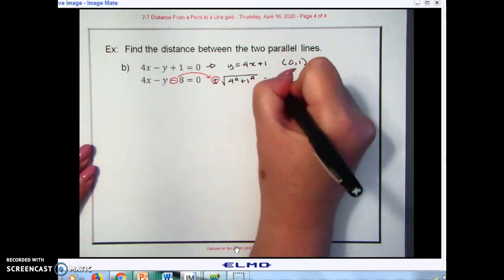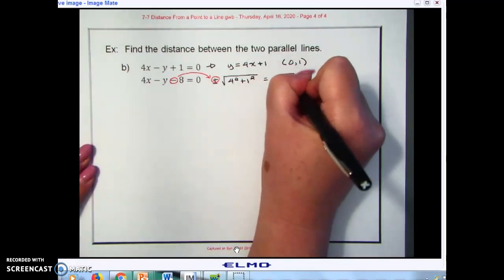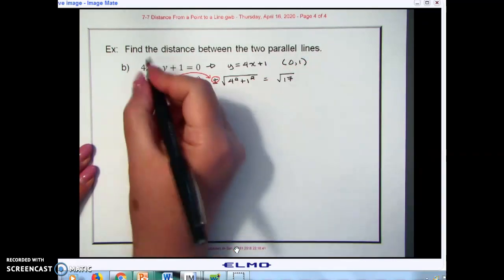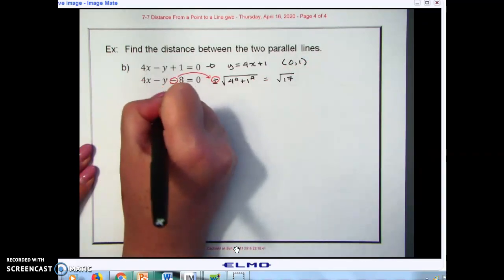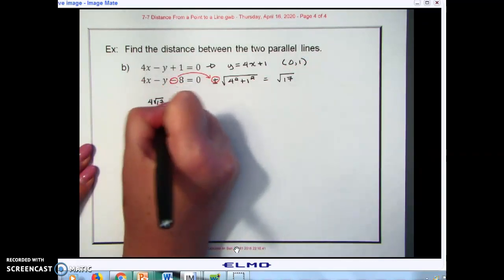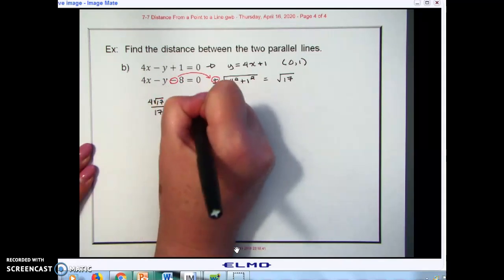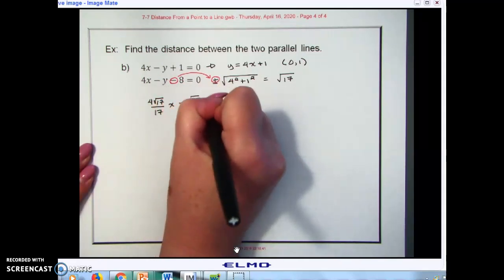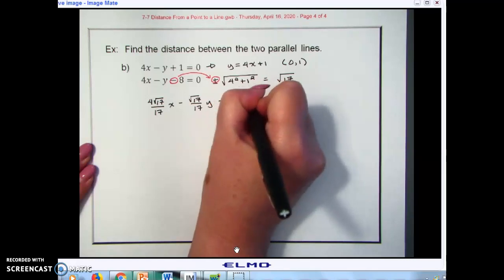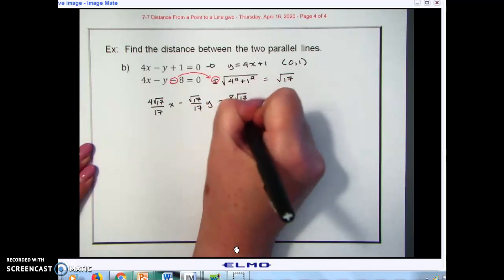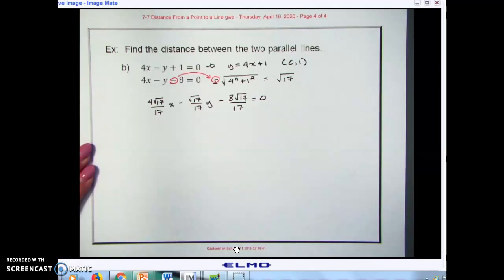This is going to be the square root of 17. So if we divide through by that, we get 4 root 17 over 17 x minus root 17 over 17 y minus 8 root 17 over 17 is equal to 0.